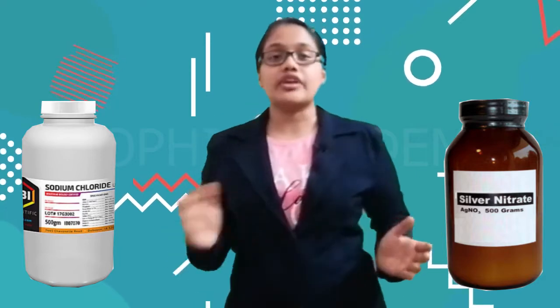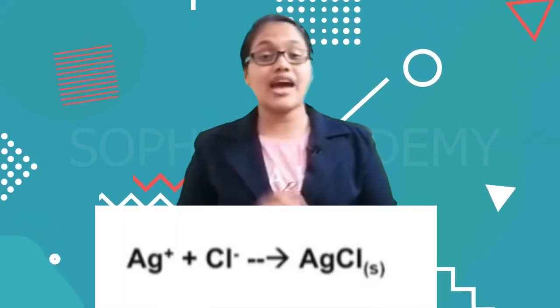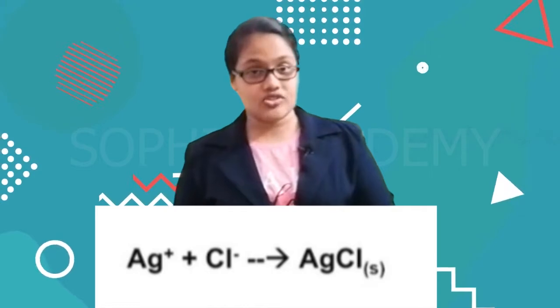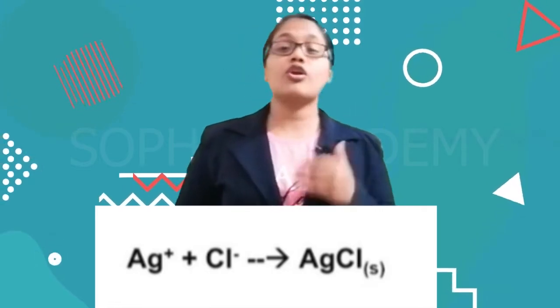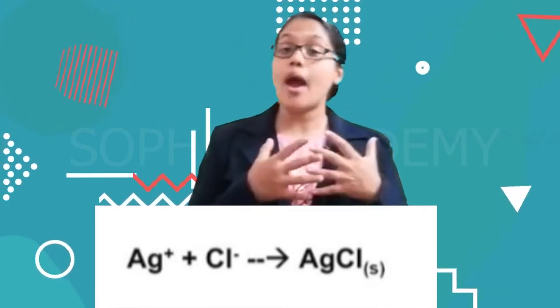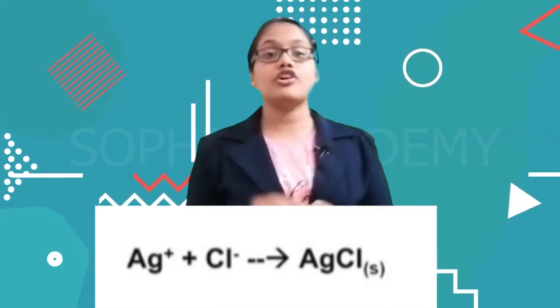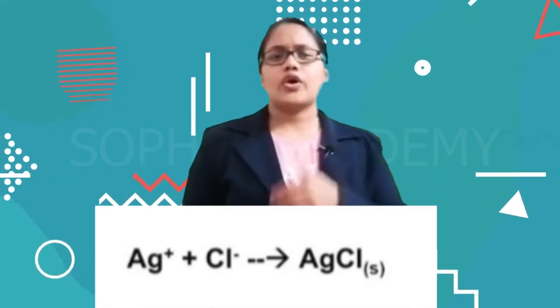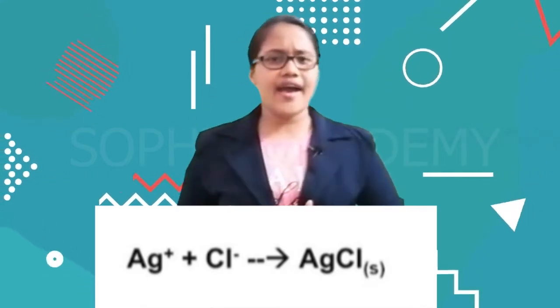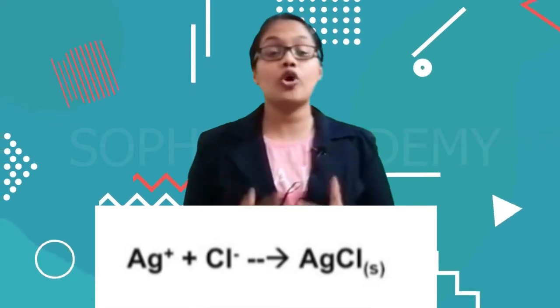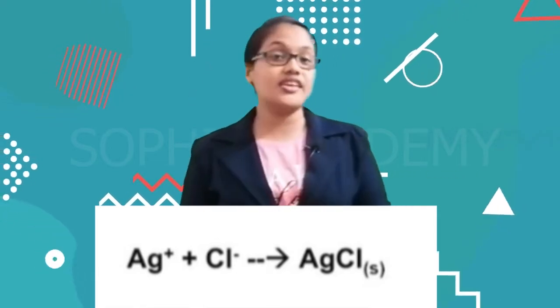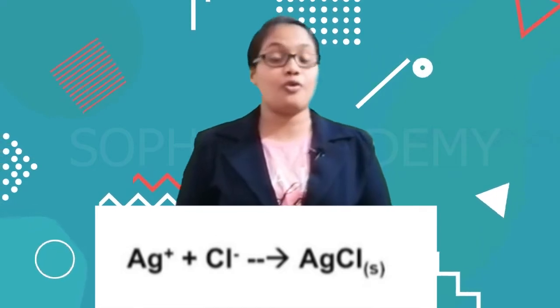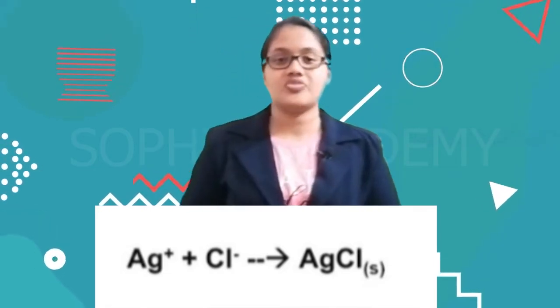When these two react, an exchange of ions takes place. The silver ion, Ag plus, from the silver nitrate reacts with chloride ions, Cl minus, of sodium chloride, and they combine to give silver chloride, AgCl.